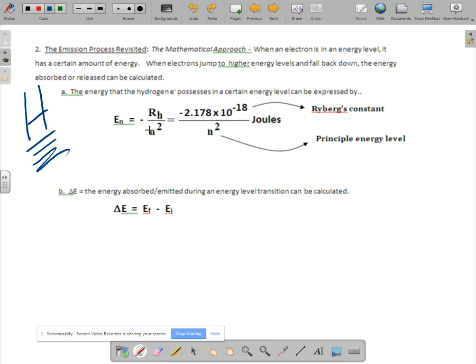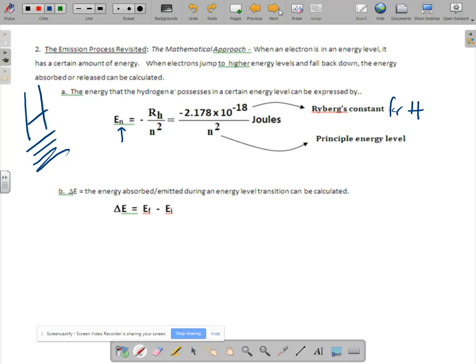But for hydrogen, the simplest element we have, the energy of an electron in a particular energy level, say n equals 4, n equals 3, is basically Rydberg's constant, which is only true for hydrogen, divided by n squared, the energy level squared. So it's a pretty easy formula, but we really don't care about the energy of an electron in an energy level, but rather the energy difference, because that's what's going to be emitted as a photon.